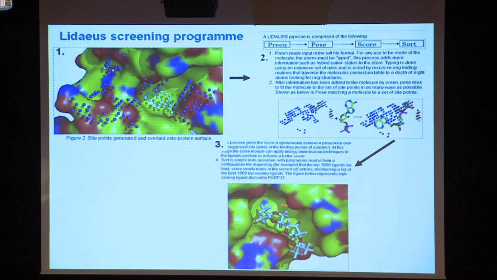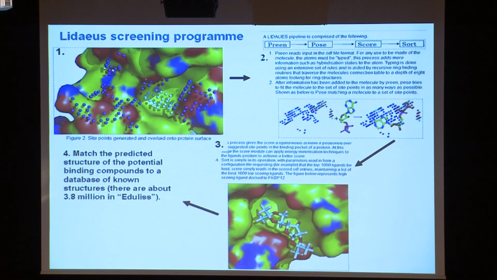Here's just a high-scoring ligand docked to another protein as an example. If it's a very good fit, it might match. In the Edinburgh University database, it was 3.8 million structures, and there's a lot more now, more than 4 million, I think.